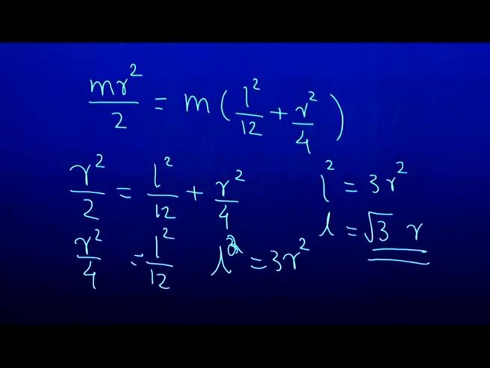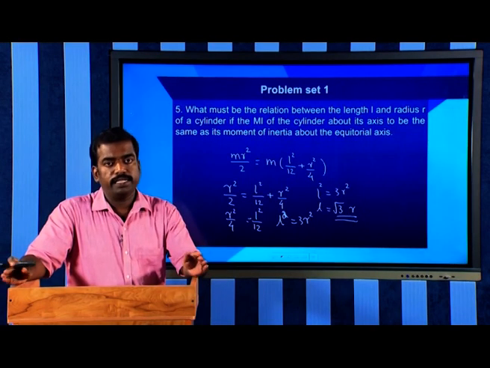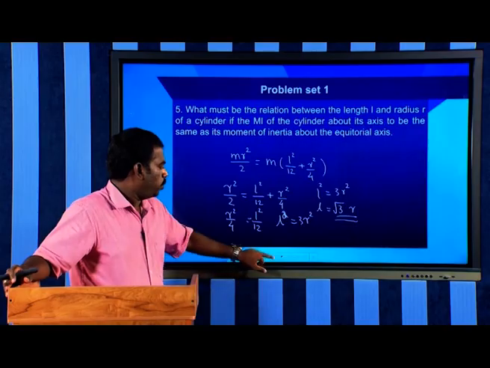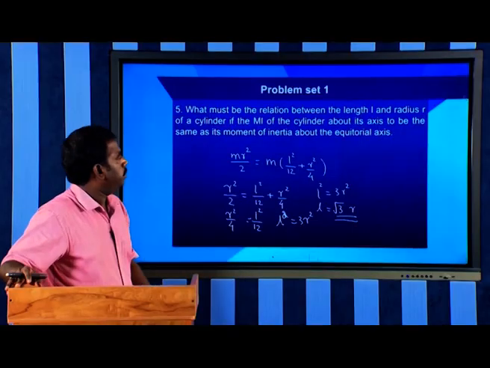So, this is the relation between L and r if the moment of inertia of the cylinder about its axis and about its equatorial axis should be the same. Okay. So, we can move to the next question.